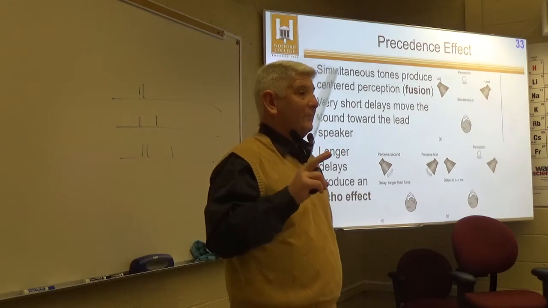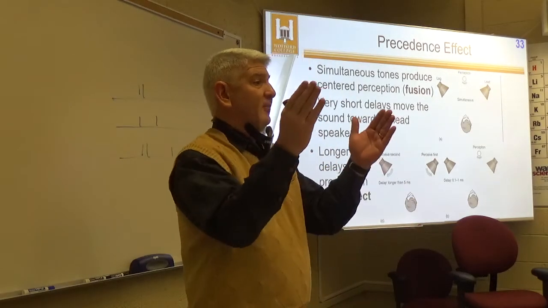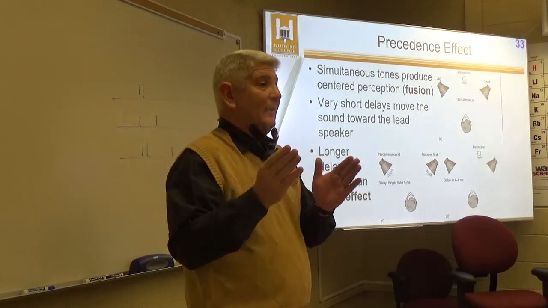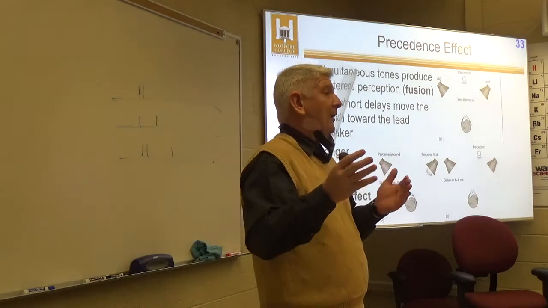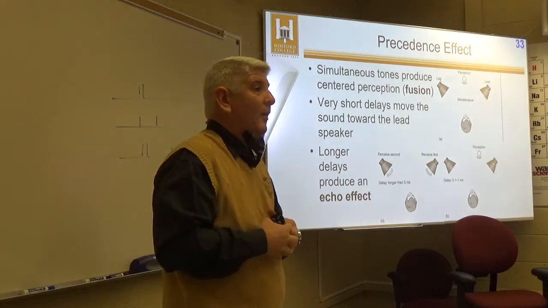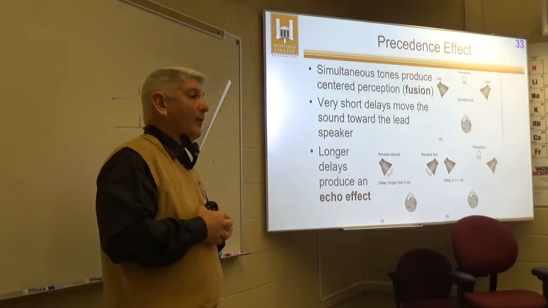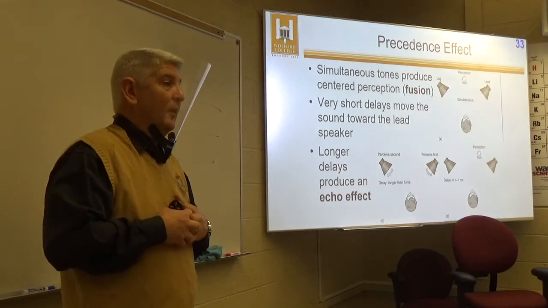We hear the original sound and then we hear the echo, we hear the second sound. But there's a point in between those where it's not loud enough for an echo, that our brain does what's called the precedence effect, where it suppresses the indirect sound so that it doesn't interfere.